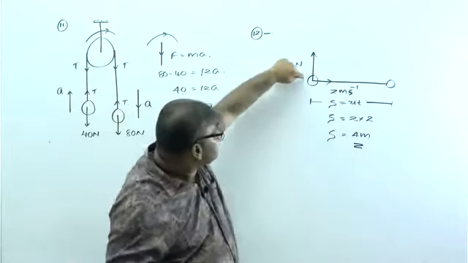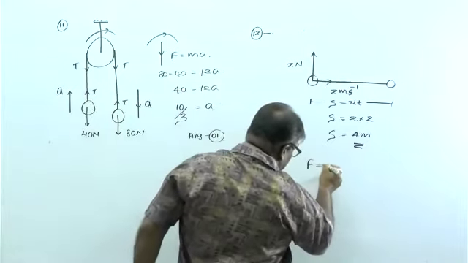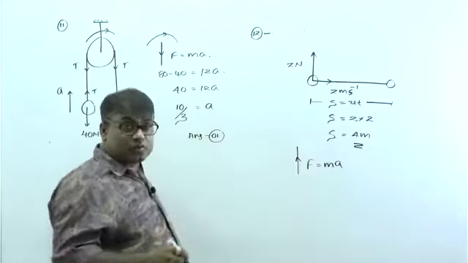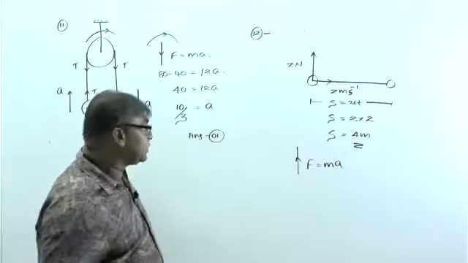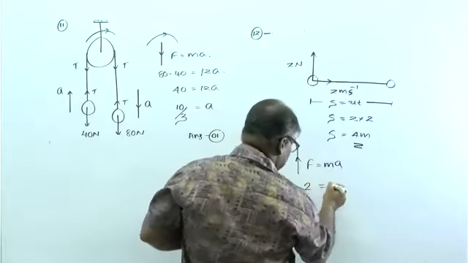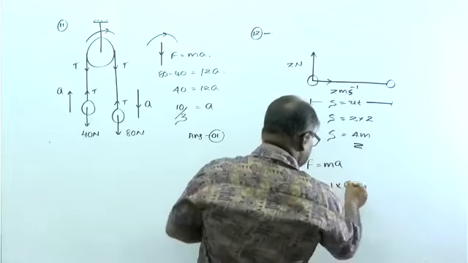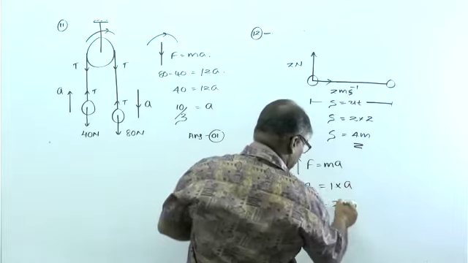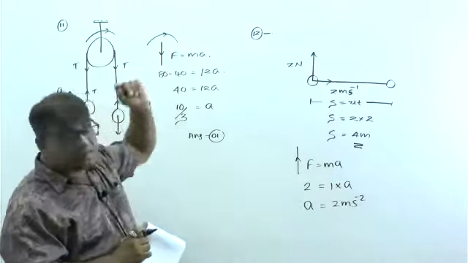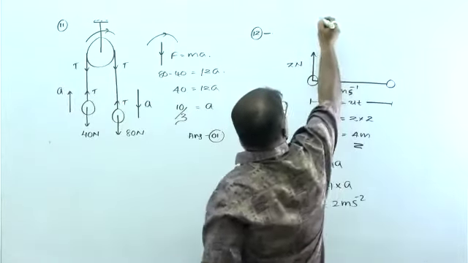As the force is towards northward, we can find the acceleration in that direction. Applied force is 2, mass is 1 kilogram, so acceleration is 2 ms minus 2.